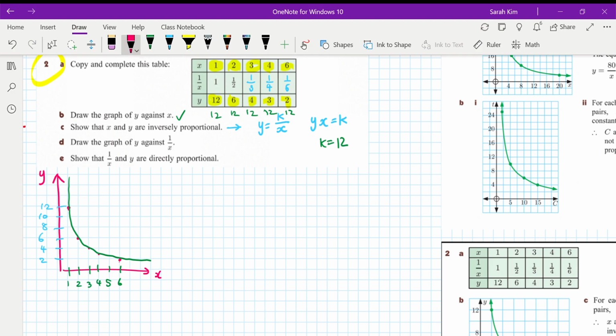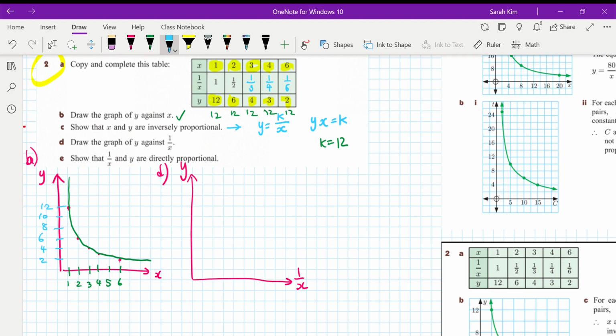Alright, let's do D. Okay, so let me write B here. Then I'll do my next one, which is my question D. Draw the graph of y. So this is my y against 1 over x. So make sure you read your 1 over x values. So let me tidy that up a little bit. So it's going to hopefully look a little bit different.